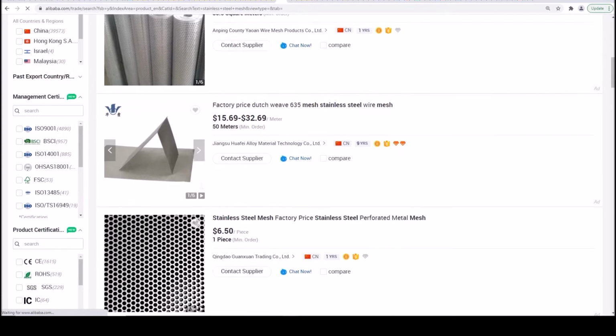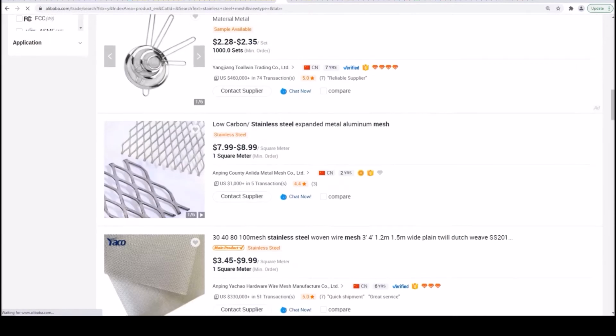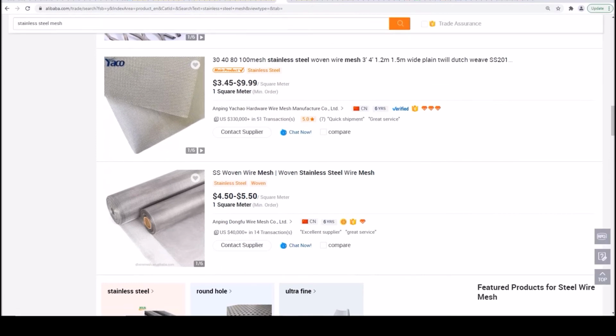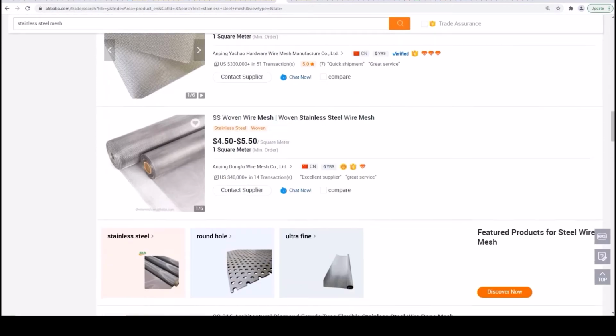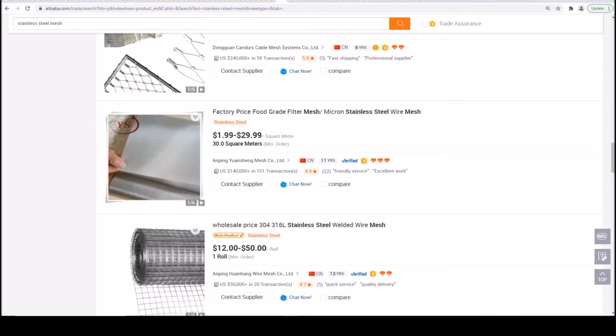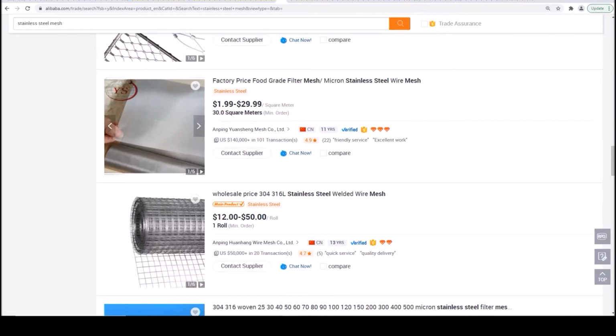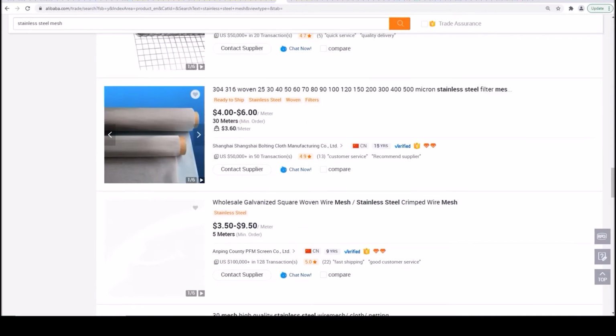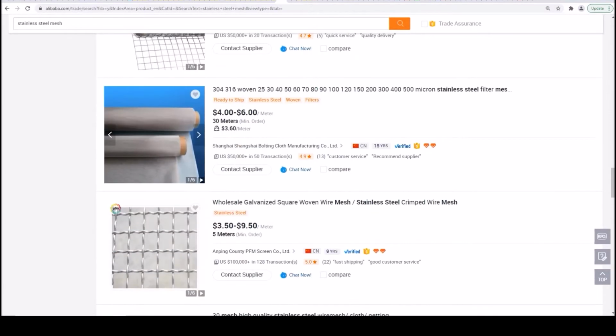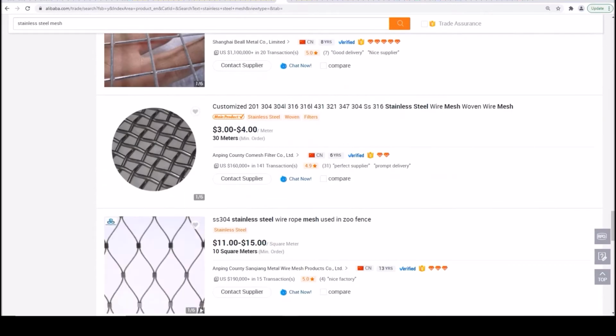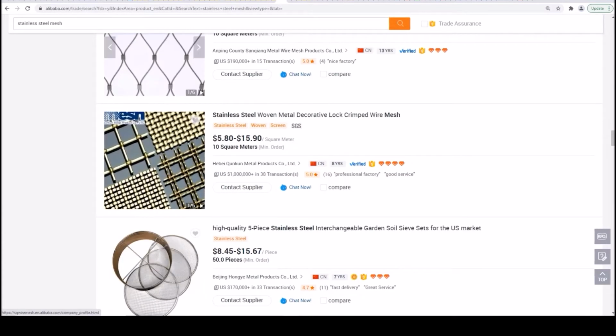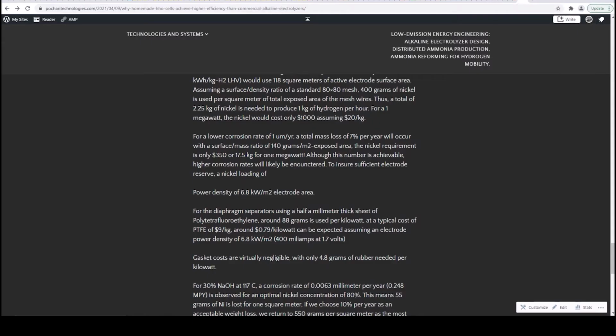For fine meshes, 3 to 10. And a platinum mesh, for example, would cost $100,000 a square meter. I think I found one selling for about that price. So the actual meshing cost itself is a pretty small contributor.